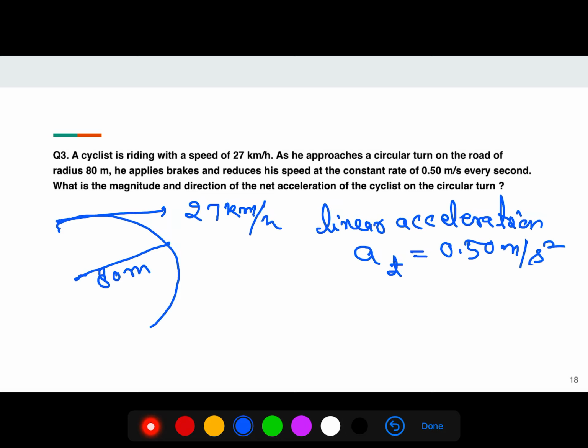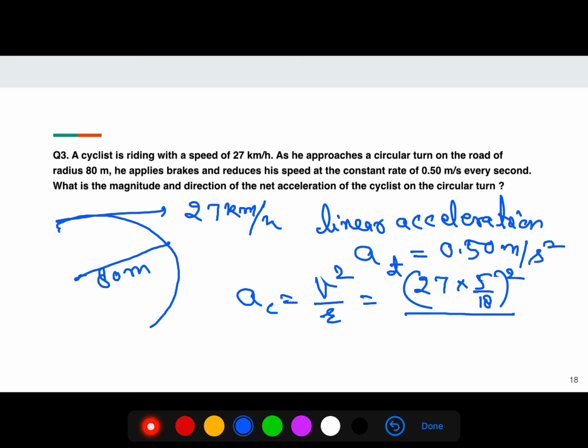So it will be the acceleration. And we can also find the centripetal acceleration. Centripetal acceleration is v square by r. So it will be 27 into 5 by 18 whole square, converting 27 km per hour into meter per second, upon radius 80 meter.